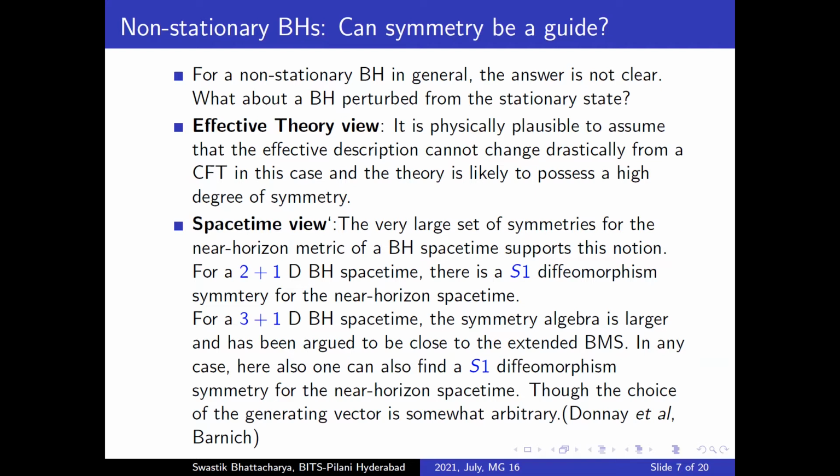There is one other thing which I should mention. For stationary black holes, and even near stationary black holes, you can connect this S1 diffeomorphism symmetry to the symmetry of the azimuthal angle. So you can just think about Kerr black holes in asymptotically flat space-time. The symmetry there is the symmetry of the azimuthal angle. So this is the Killing symmetry we are talking about.